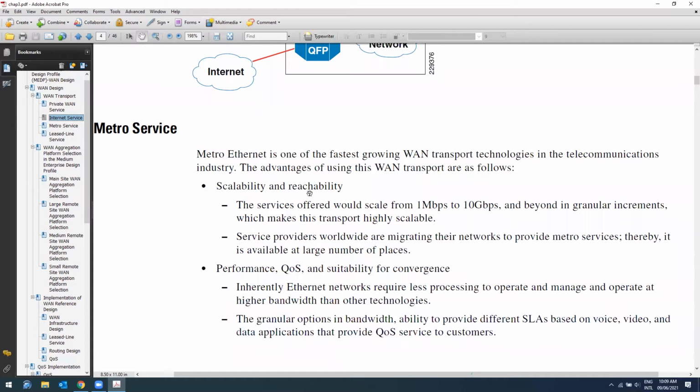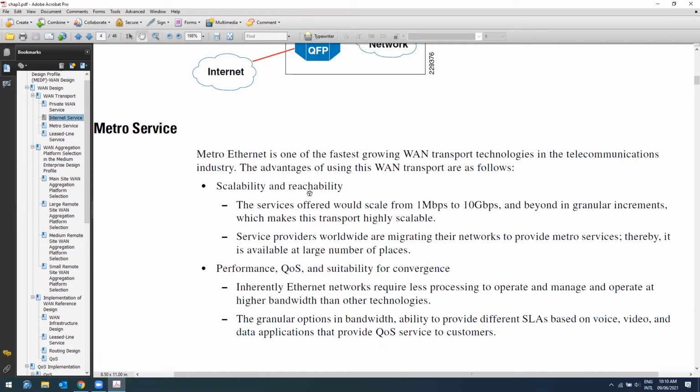Okay, so Metro Ethernet is one of the fastest growing WAN transport technologies in the telecommunication industry. The advantages of using this WAN transport are as follows. Okay, so you have scalability and reachability. Services offered would scale from 1 Mbps to 10 Gbps, and service providers worldwide are migrating these networks to provide metro services.